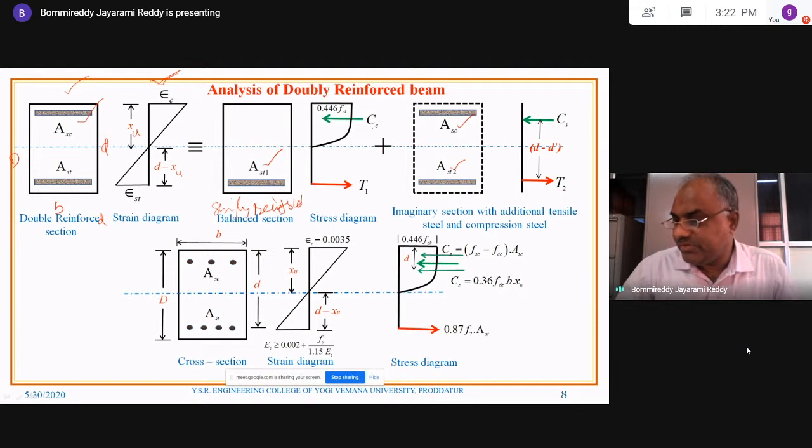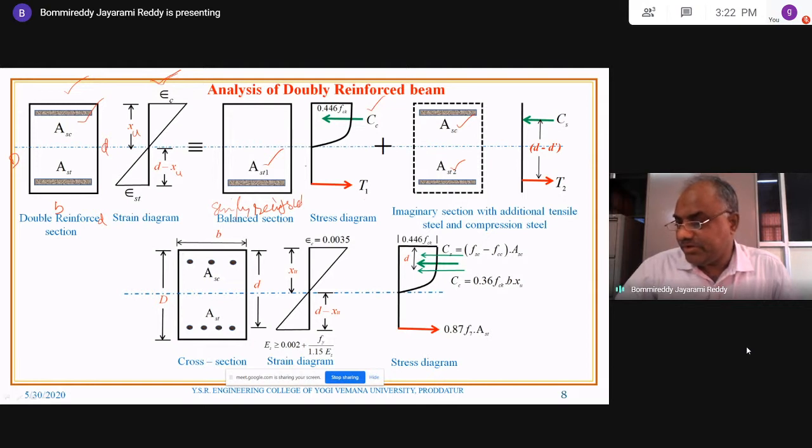And what is this CC called? CC is called the compressive resistance of the singly reinforced balanced section. What is the compressive resistance of the singly reinforced balanced section? That is 0.36 FCK B into XU maximum, because it is for the balanced section. CC is that one. And what is T1?